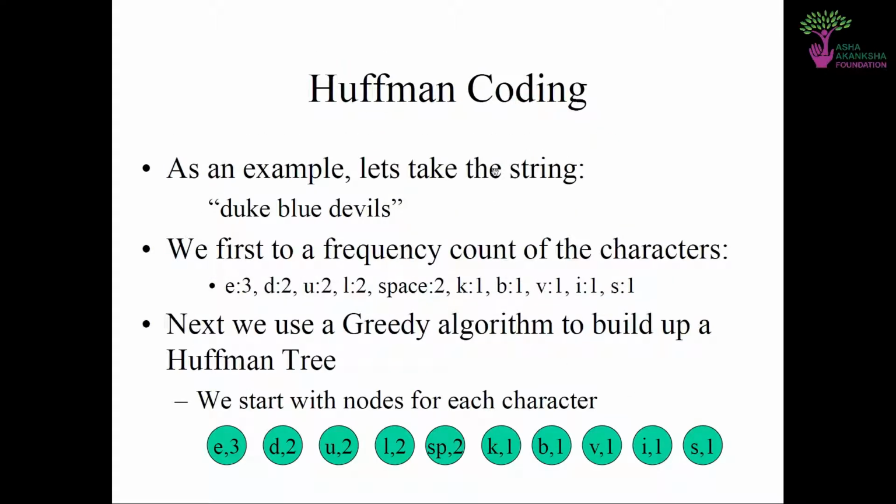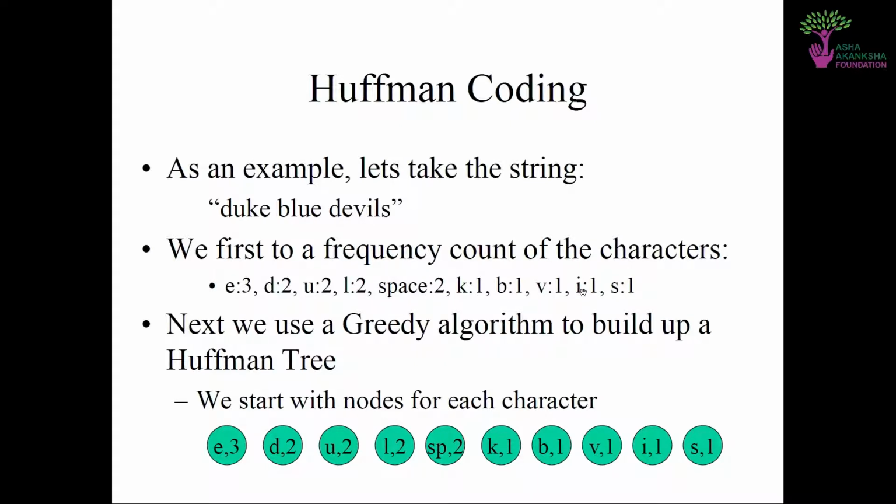Here's an example. Let's say we have a string called Duke Blue Devils. What we have to do first is count the frequency of each character occurring in this string. If we count everything, E occurs 3 times. D occurs 2 times, U occurs 2 times, L occurs 2 times, the space character occurs 2 times.